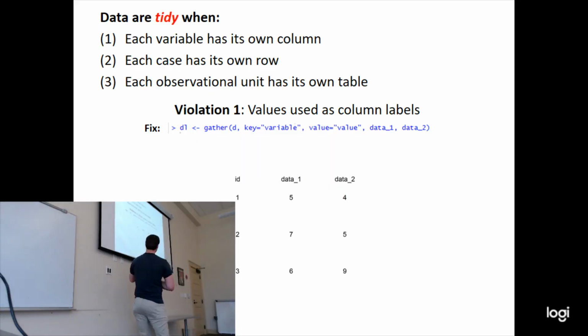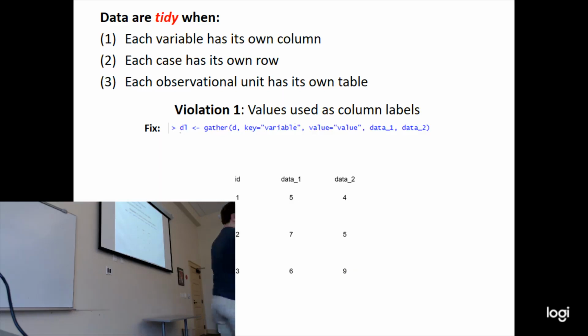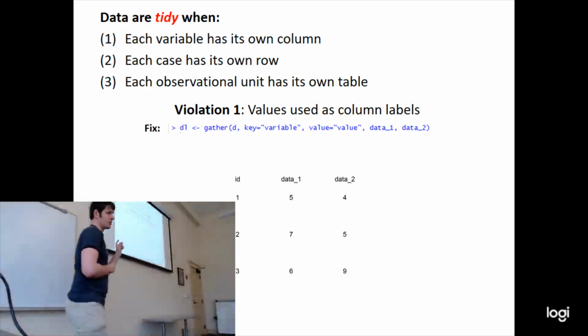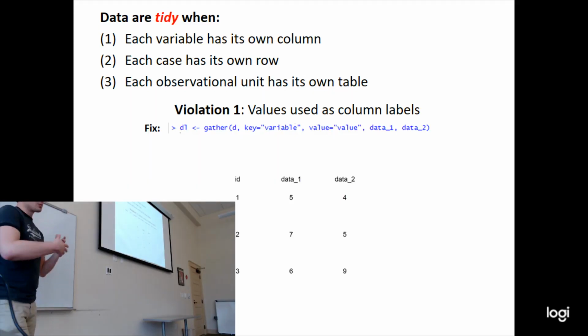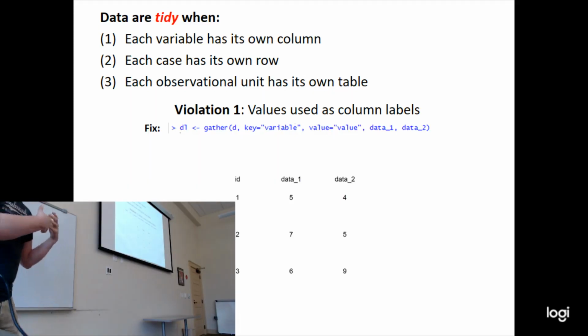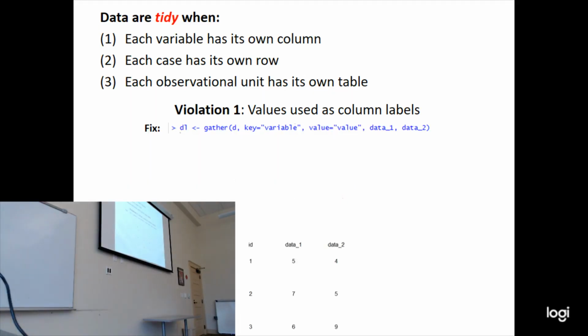What it does is it takes some values that are stuck up here in the columns, and it moves them down into the body of the data. I've got a little animation that shows you what this process looks like because it's a little bit hard to understand if I'm just talking about it. It really helps to be able to see it. So this is what happens if I run this command on this set of values.